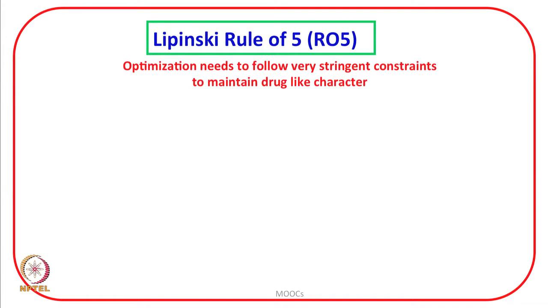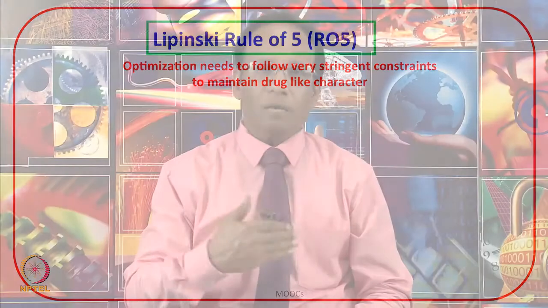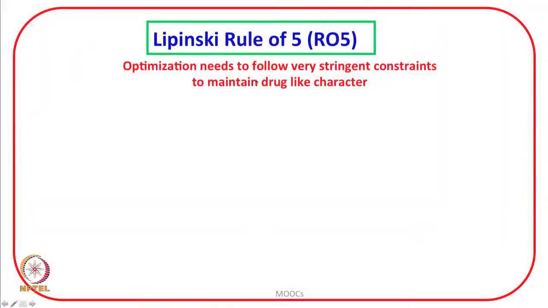As I commented here, optimization means even if you are working on an existing molecule, you want to optimize the molecule so that it becomes an effective drug. And that is what is commented over here, that optimization needs to follow very stringent constraints to maintain drug-like character.